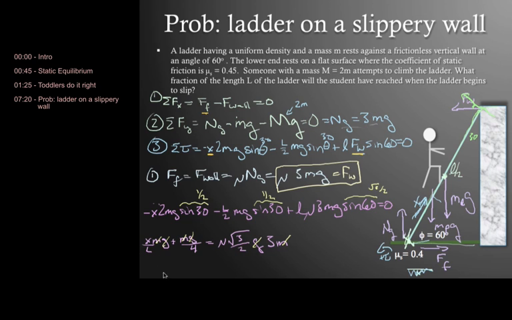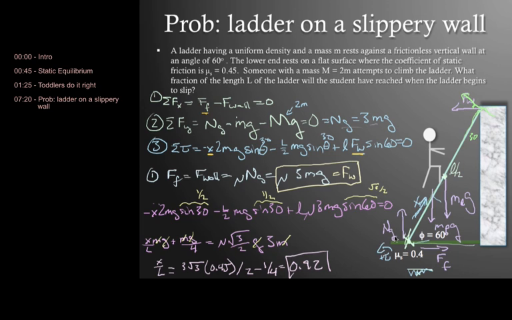So now I'd like to get X. Basically X over L is going to give me the fraction of the way up. I'm just going to solve for that. So I need to bring this back over. So what I'm going to get is 3 square root of 3, times my mu, which is 0.45, divided by 2, and then minus 1/4. So this gives me 0.92.